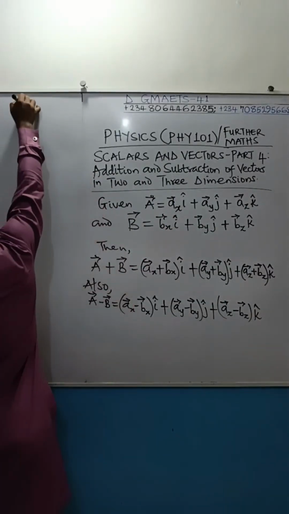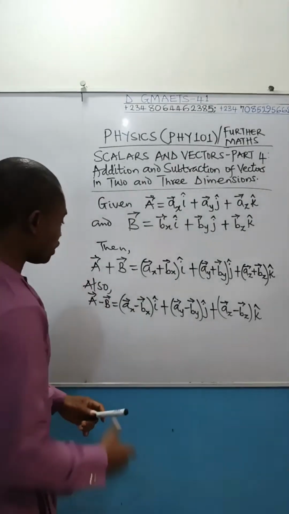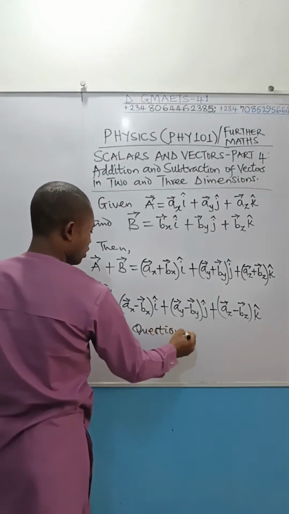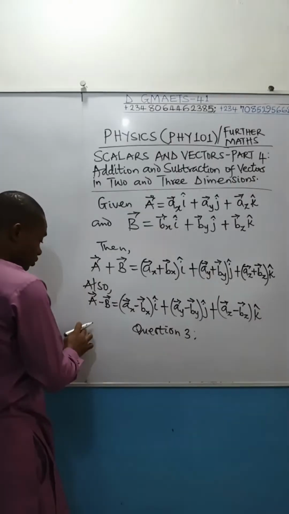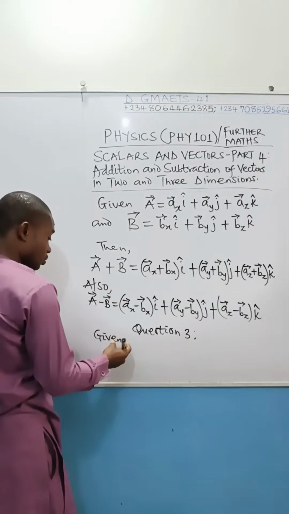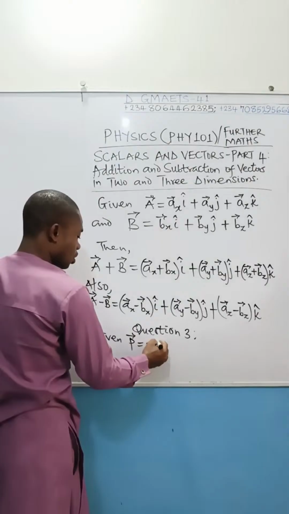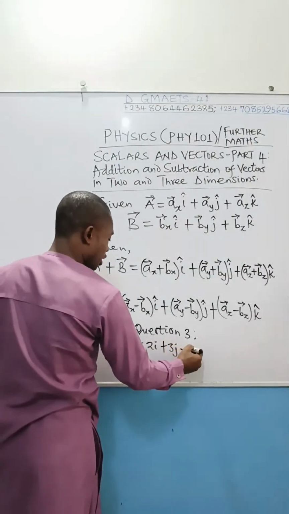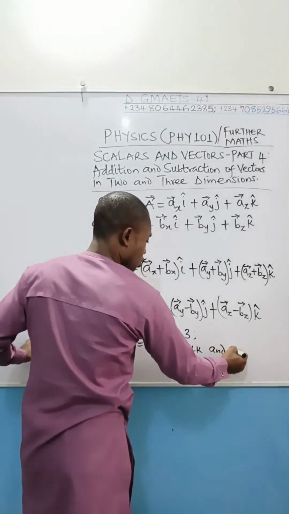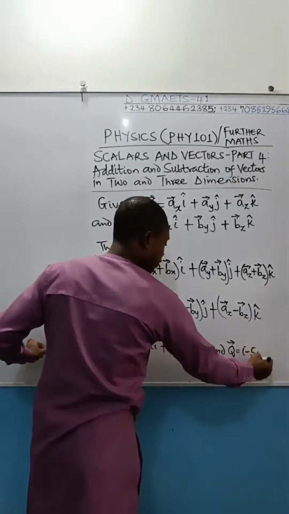Let us take this question, please. Solution. I'm writing solution. This, of course, is going to be question number, let me write it down here. Question 3 of our class today. Given vector P to be equal to 2i plus 3j minus 4k, and vector Q to be equal to i minus 5j.